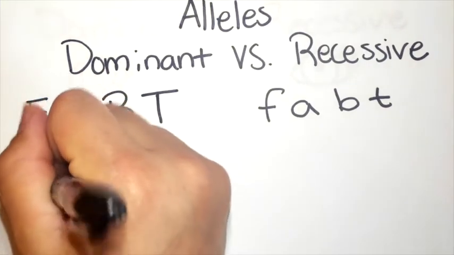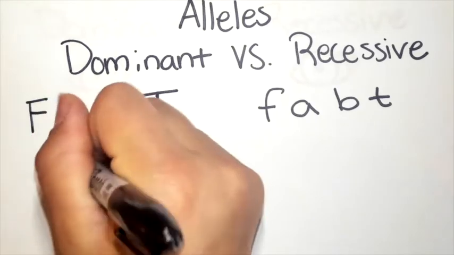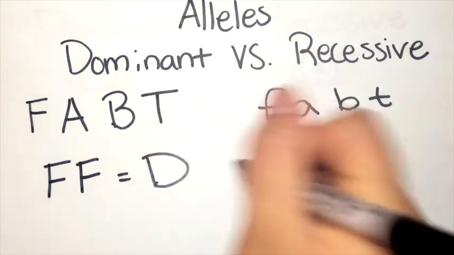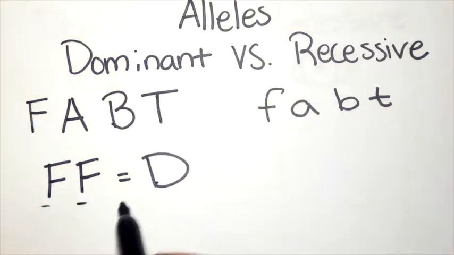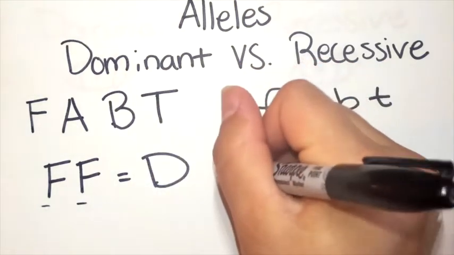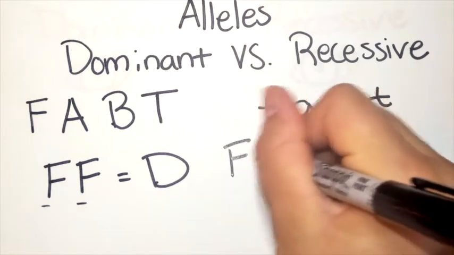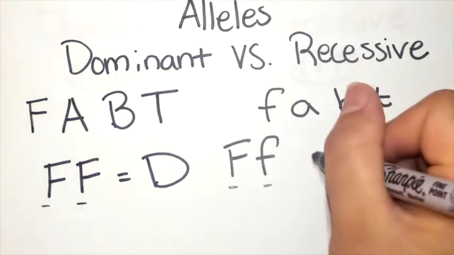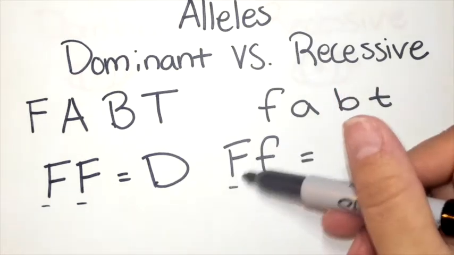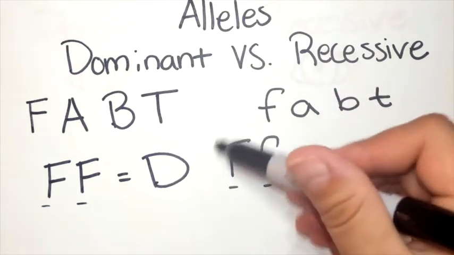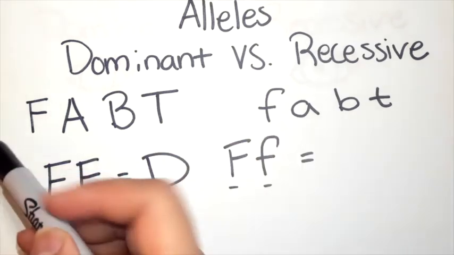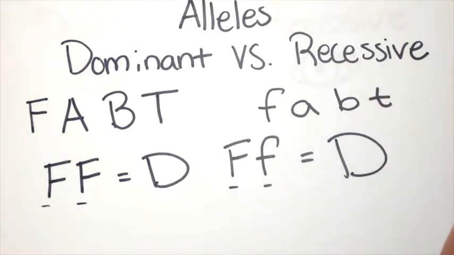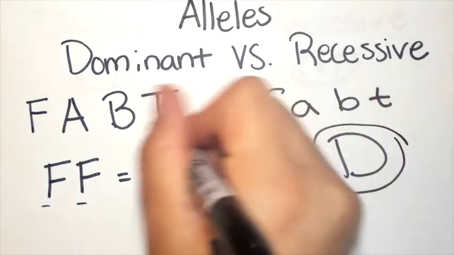Now, there are 3 types of allele pairings. You can end up with capital F, capital F, which will be dominant, because these are dominant. You can also have capital F, lowercase f, which is dominant-recessive, and it will end up being dominant, because if there's a dominant paired with a recessive, you're going to have a dominant.